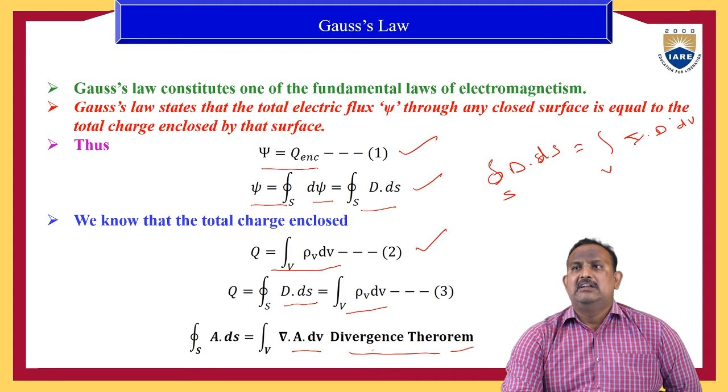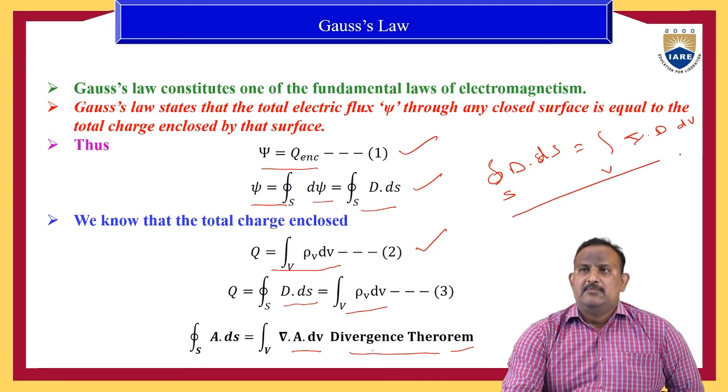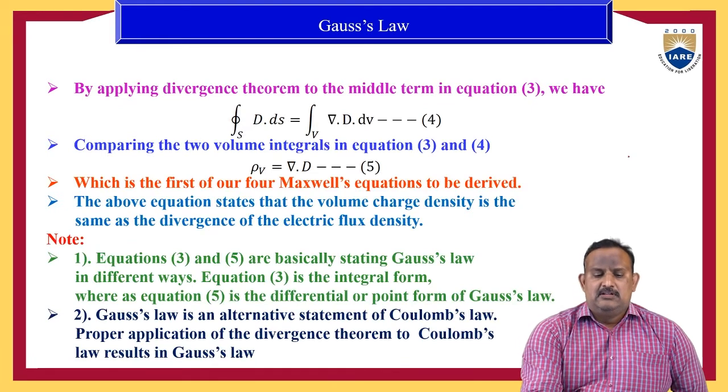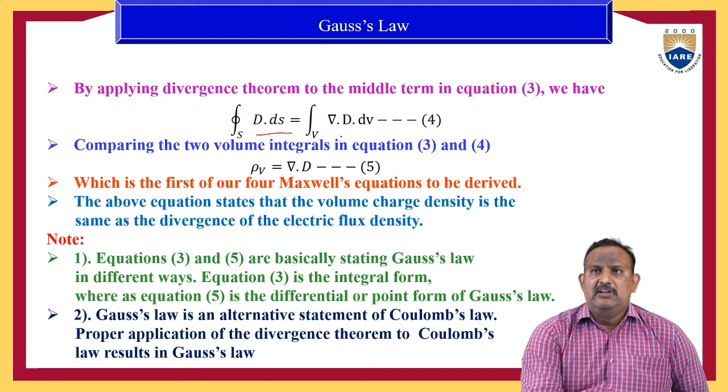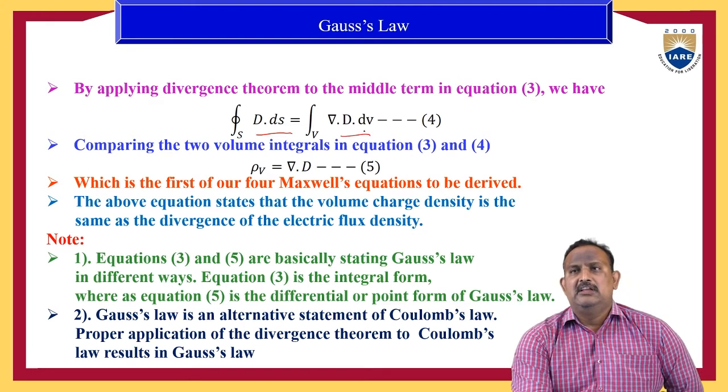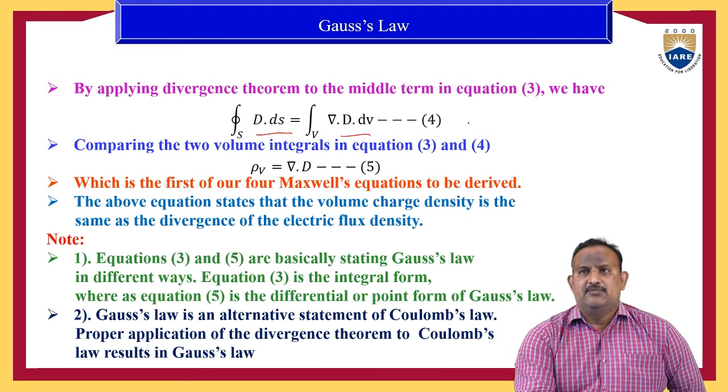The surface integral becomes the volume integral: the surface integral of D into dS is equal to the volume integral of del dot D into dV. So this is equation 4.